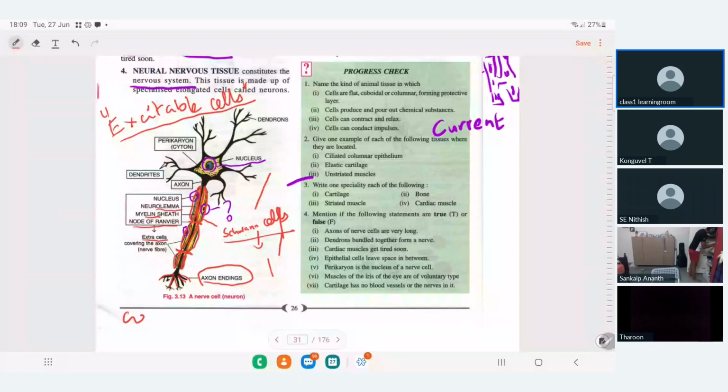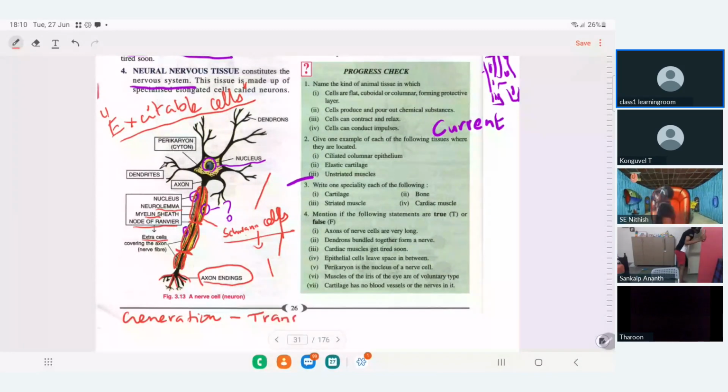Generation, next transmission, then receiving, and responding.